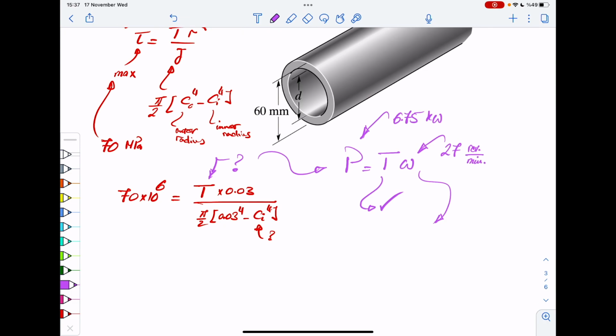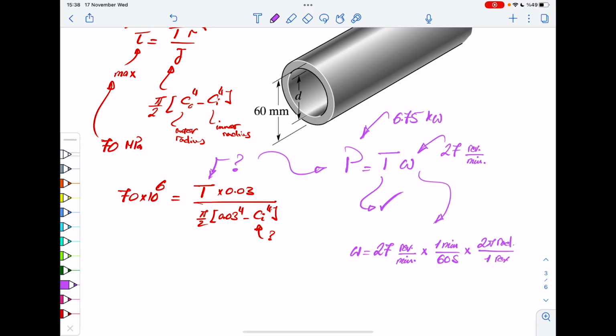So you would say omega is 27 revolutions per minute, 1 minute is 60 seconds, and 2 pi radians is 1 revolution.